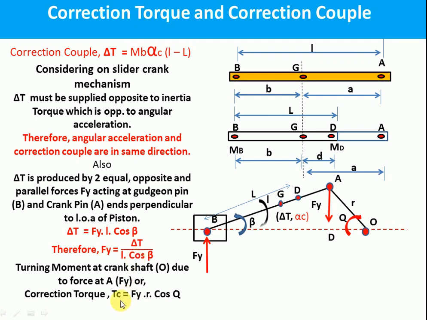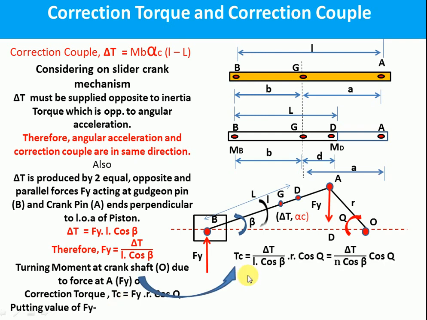So the correction torque is equal to delta T upon L cos beta, that is the value of Fy, into R cos theta, which equals delta T upon n cos beta into cos theta, where n is the ratio L by R.